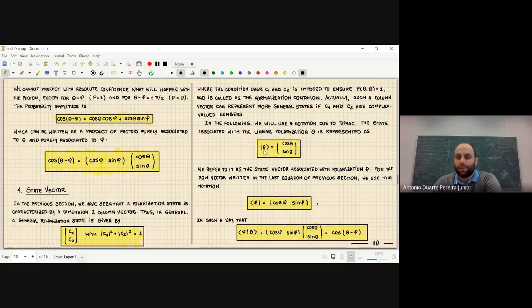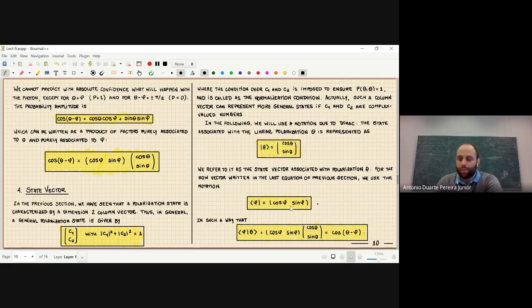Now if you want to describe a row vector, which is a different mathematical structure than a column vector, we introduce this notation that we call bra. When I write this cusp on the left-hand side of the name of the vector, I mean a row vector. When I write it on the right-hand side, I mean a column vector.